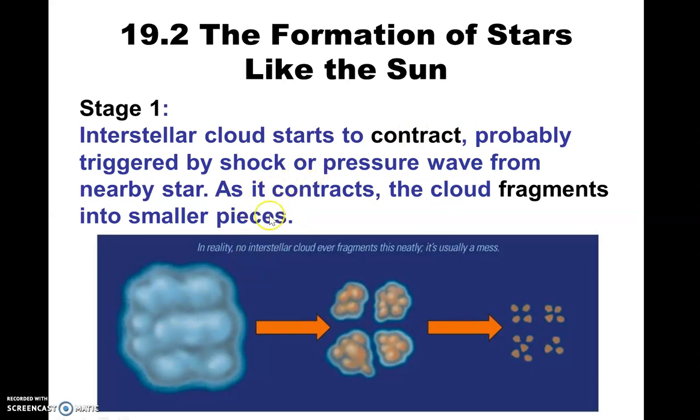Let's say some star really far away from this cloud blows up. There's a supernova explosion or something like that. That happens with massive stars. We'll talk more about that when we talk about the death of stars, but right now we're looking at the birth of stars.